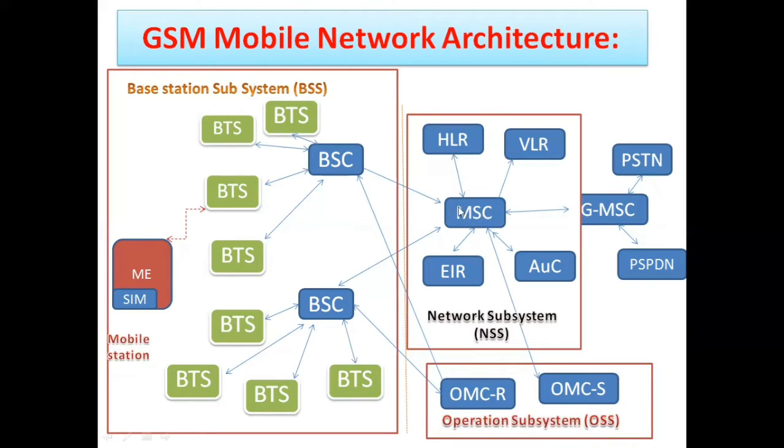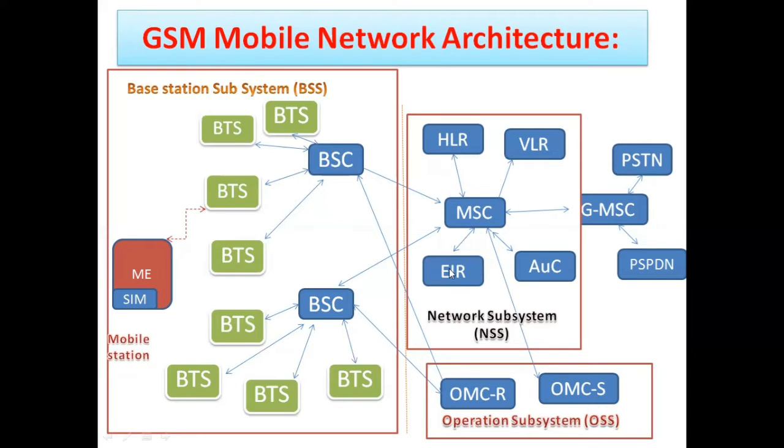This mobile switching center controls more than one base station controller, as well as having connectivity to various registers, or you can say servers, like the HLR, home location register, the visitor location register, as well as the authentication center. It also has connectivity to the equipment identity register. Now we shall discuss the various functions of these registers.